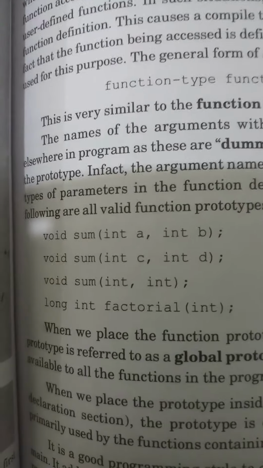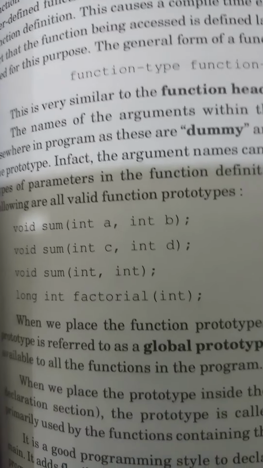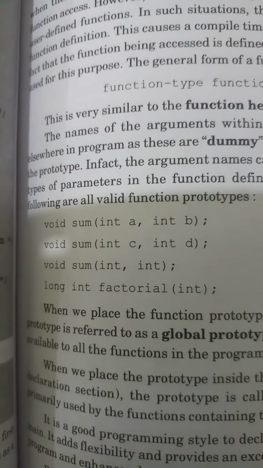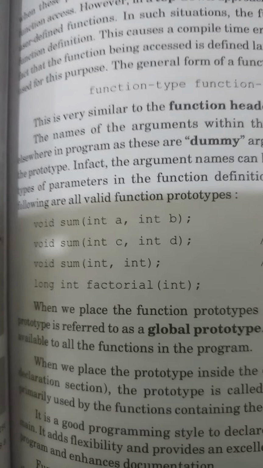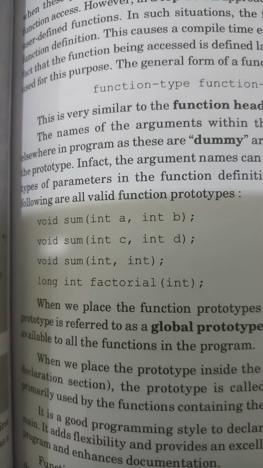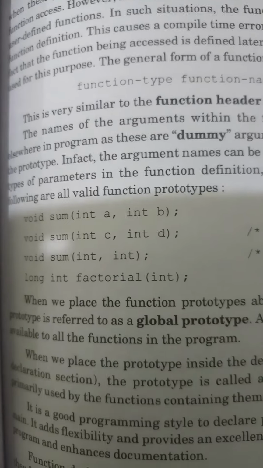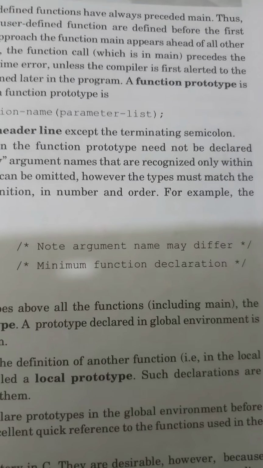For example, the following are all valid function prototypes: void main, void sum int a, int b, void sum int c, int d, void sum int, int, long int factorial int. The argument names may differ. Minimum function declaration.